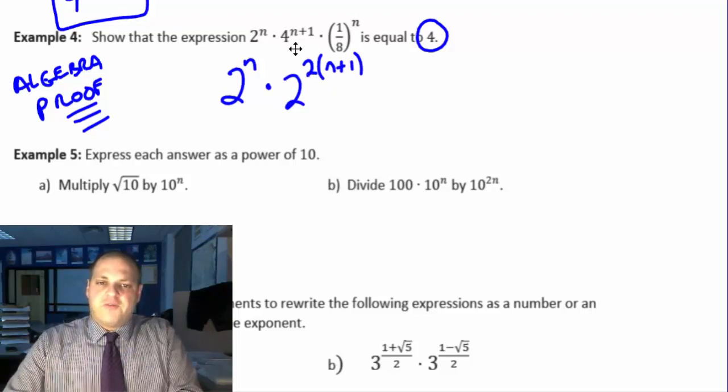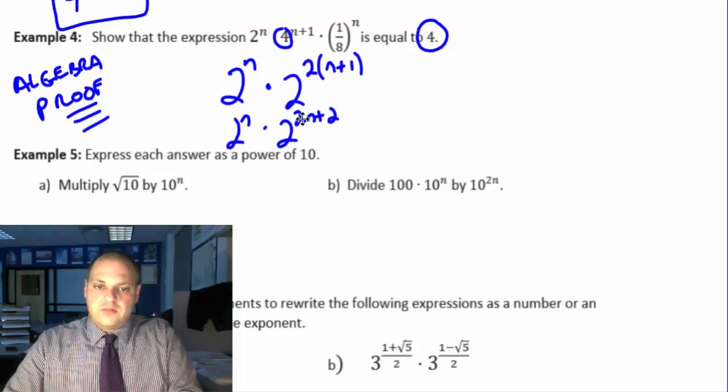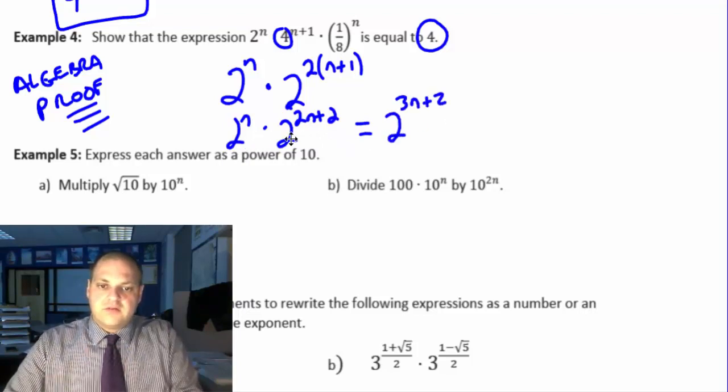Now think about what I just did there. 4 is actually 2 squared. So all I did was change the 4 to a 2 squared. I know this might be a little over your head. It's okay. Now I have 2 to the n times 2 to the 2n plus 2 after I distribute. Now that's going to be 2 to the 3n plus 2. Okay? n plus 2n plus 2.